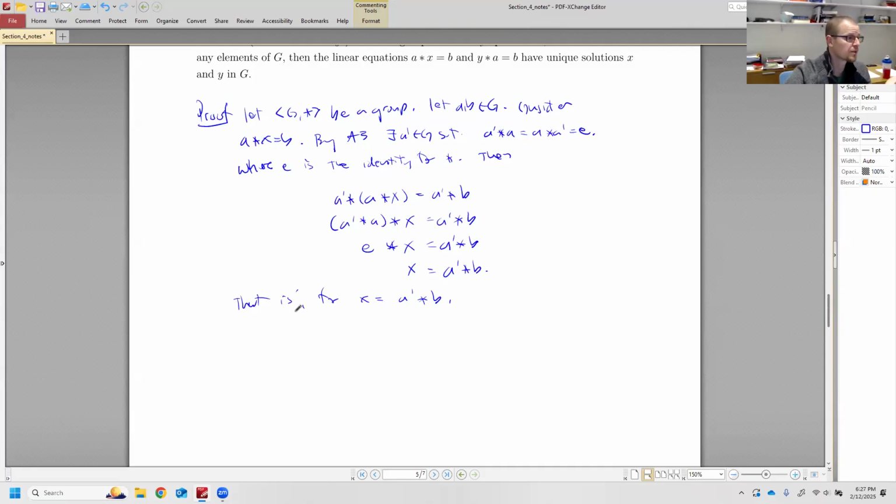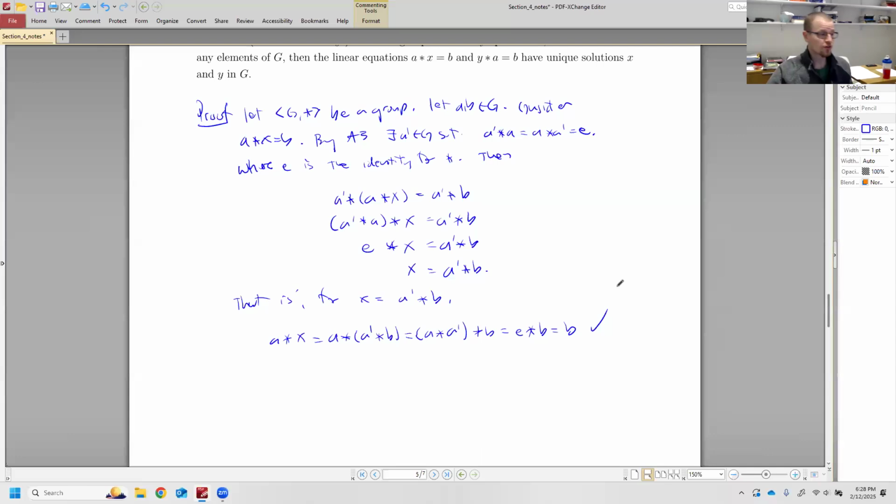We can plug that into the equation. Let's go with A star x, which is equal to A star A prime star B. Apply the associative property: A star A prime star B is equal to E star B, which is just B, right?